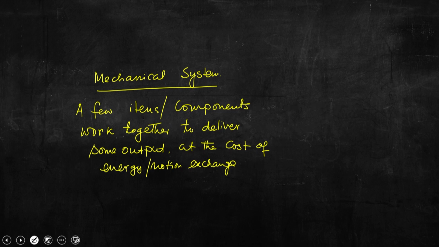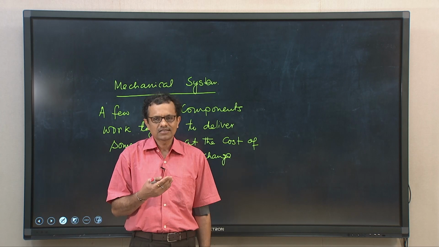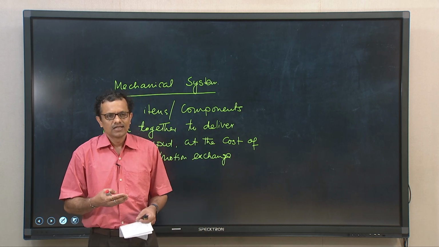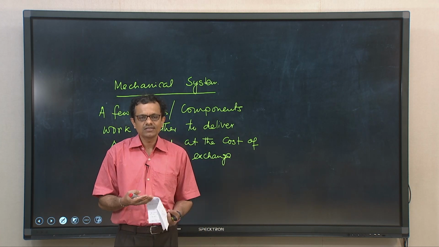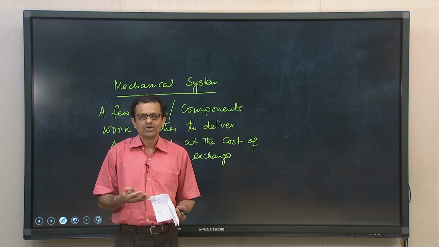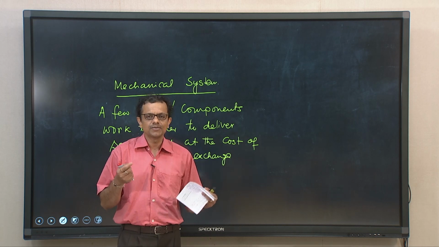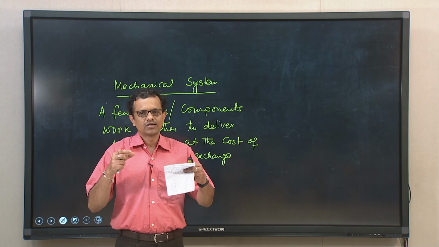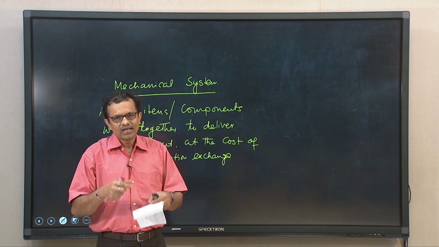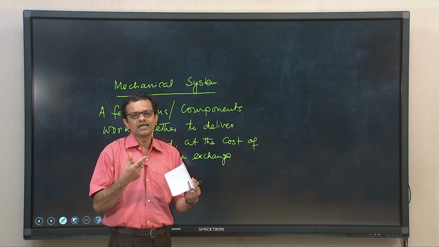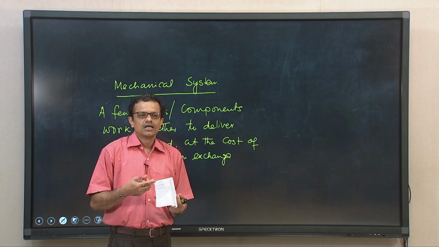Now, if we try to apply this concept to an engine system, we can conceive that there will be a few components, subsystems. Those components or subsystems will work together to deliver some output, certainly at the cost of some energy.